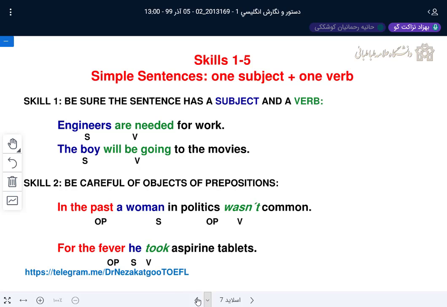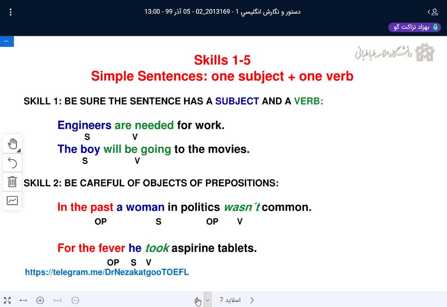Here it tells which woman, so it's an adjective. In politics, here is an adjective. It tells us which woman. A woman in politics wasn't common. So as you see here, we had two prepositional phrases. The first one is an adverb, the second one is an adjective. So we see both adjective and adverb here.